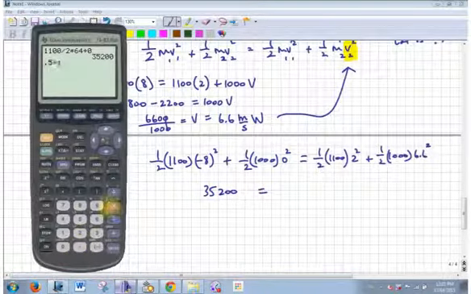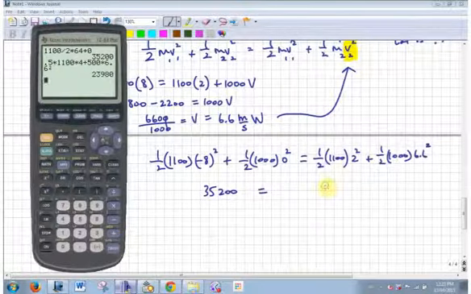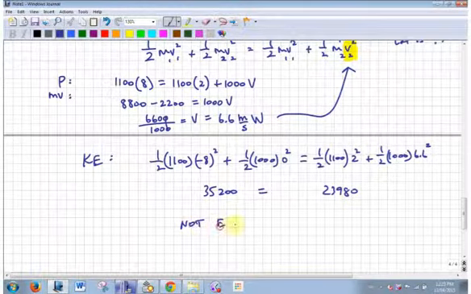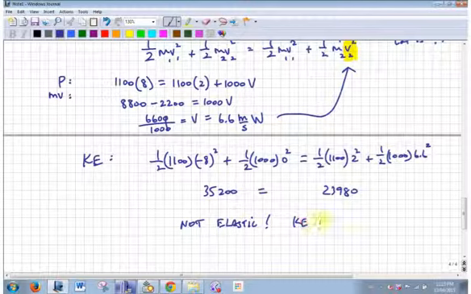Let's do it differently. 0.5 times 1100 times 4 plus 500 times 6.6 squared. 23,980. Is this an elastic collision? No. KE is not conserved.